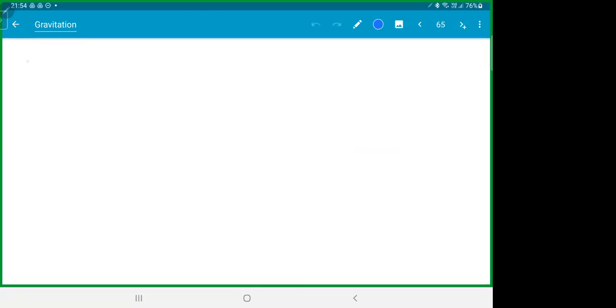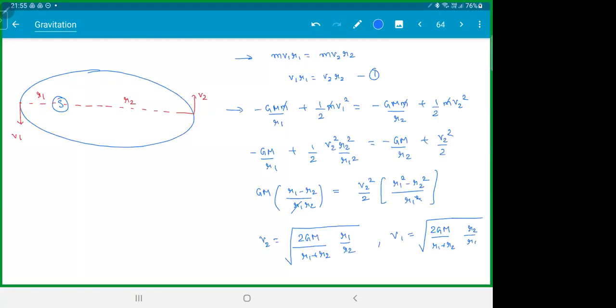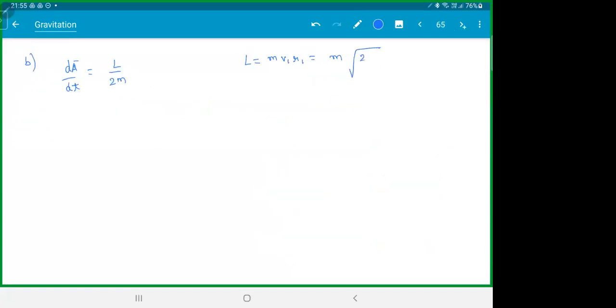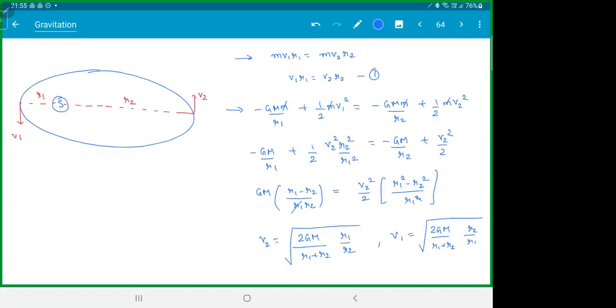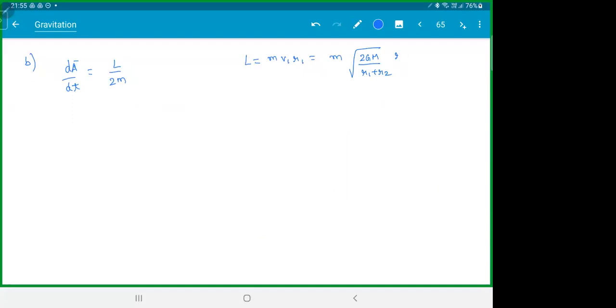Areal velocity. What is areal velocity? dA by dt is L by 2m. So what is the angular momentum? mvr. You can just take m v1 r1. So m into v1 is m root of 2GM r2 by (r1 plus r2) r1, times r1.